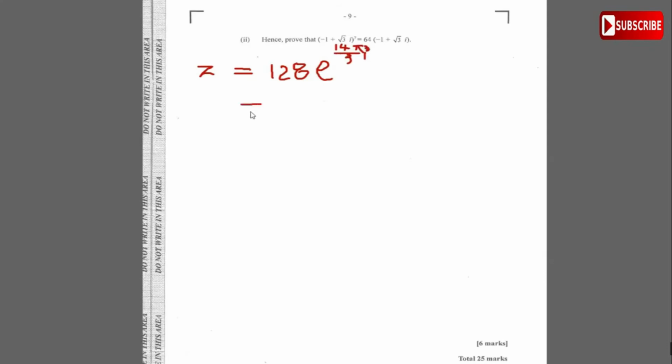I don't like to work in exponential, so I convert it to polar form.